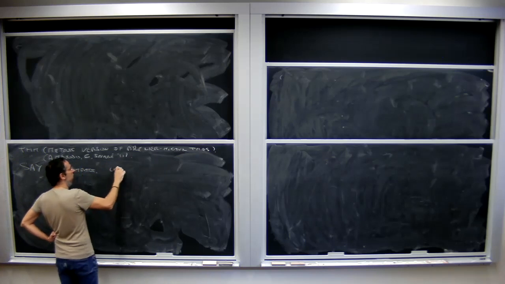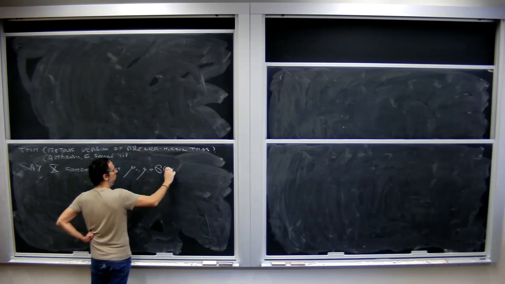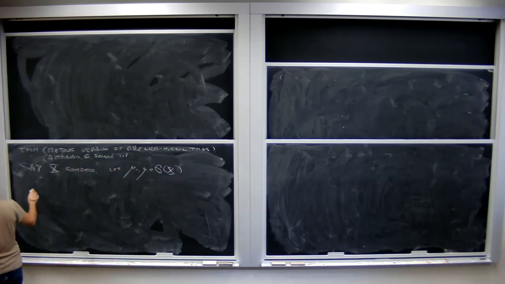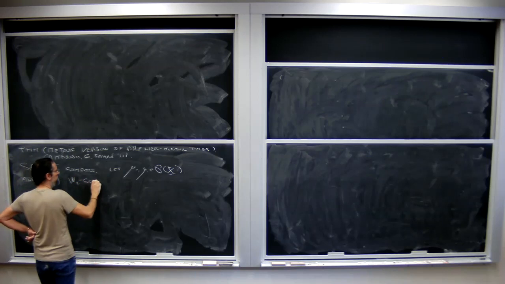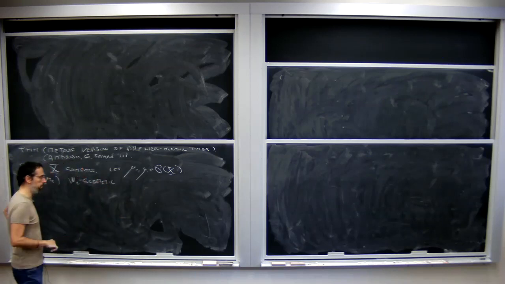Let mu0, mu1 be two given measures, and let mu t be a W2 geodesic connecting them, from mu0 to mu1.